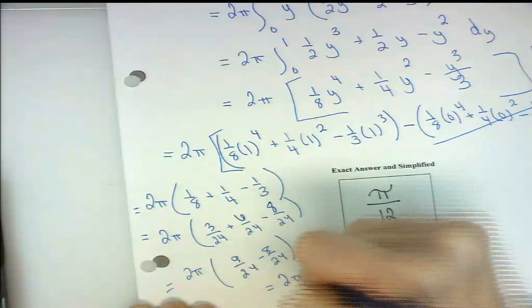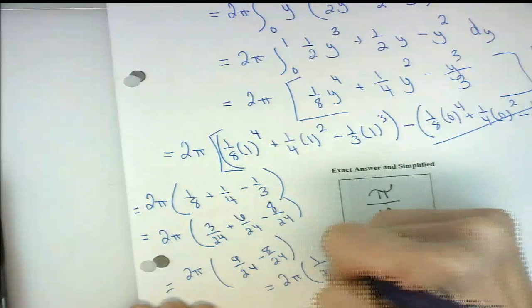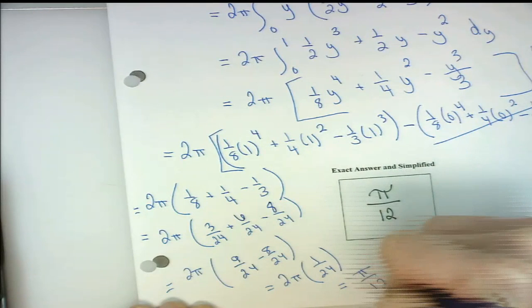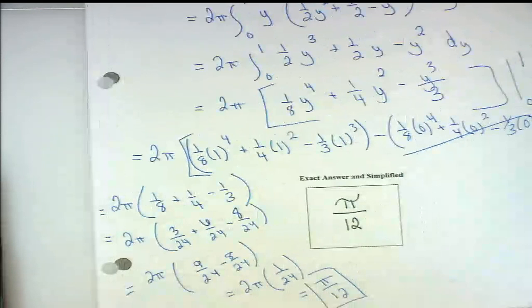So that's 2 pi times 1 over 24. Pi over 12.